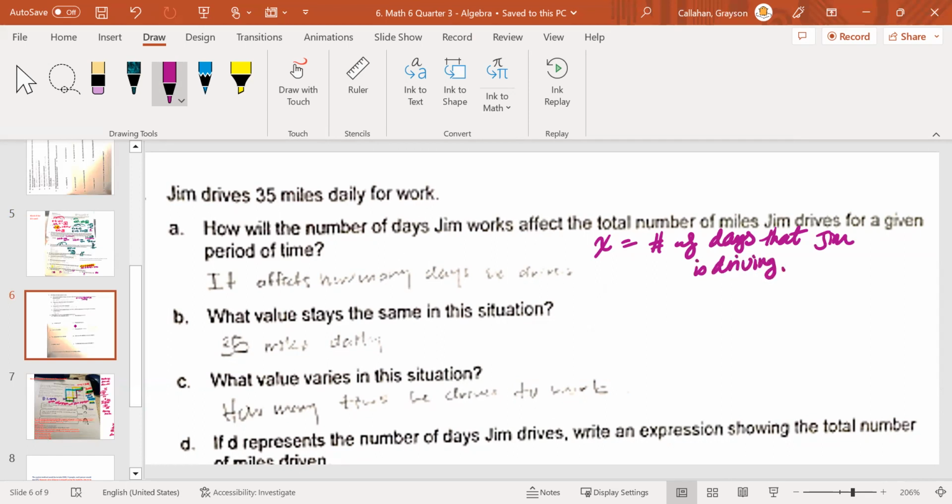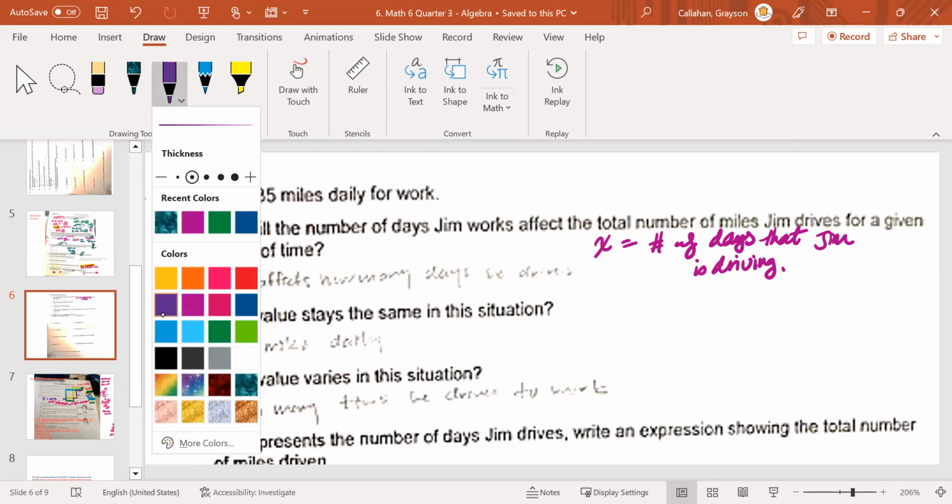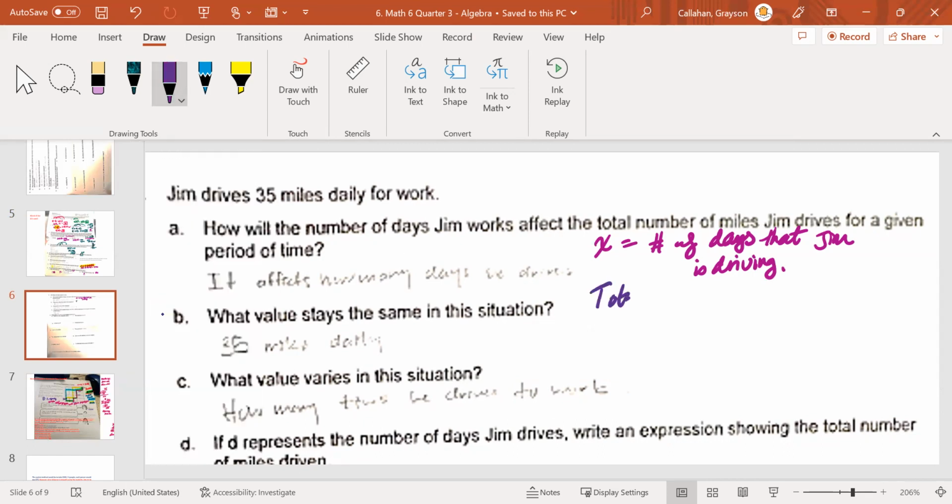Then you could say the total miles driven is going to be 35 miles times X. Does that make sense? X represents the number of days.